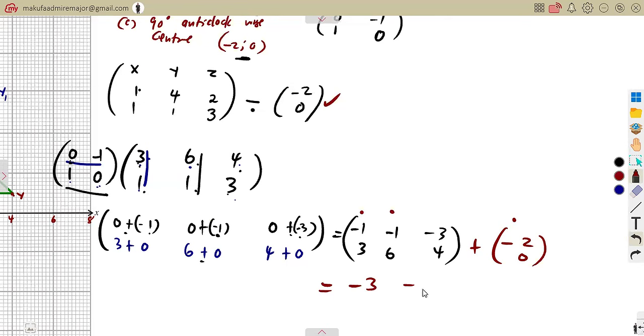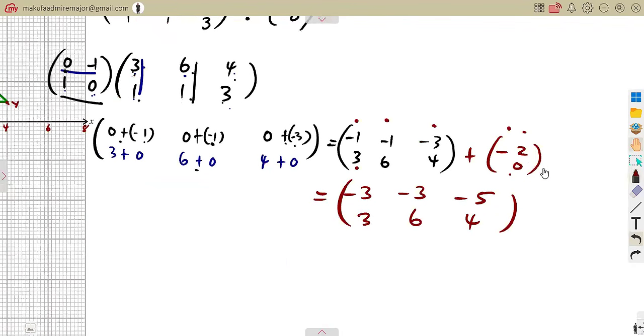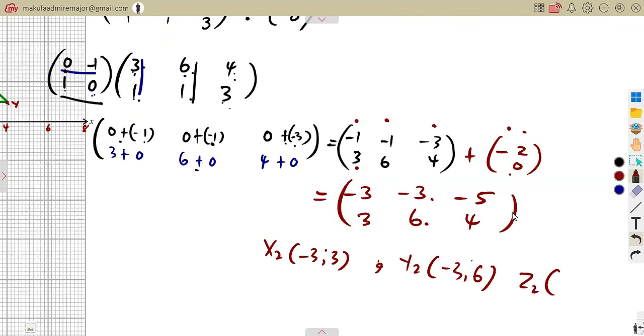Minus 1 to 2, minus 3, minus 2, and minus 3, minus 5, 3 and 0, that's 3, 6, 4, and so you add these. This is the image after adding, which is our x2, minus 3, 3. You move on to y2, minus 3, 6, z2, minus 5, 4.